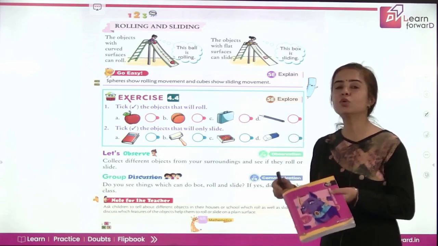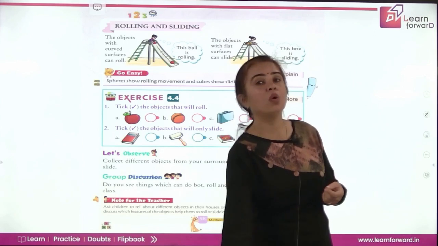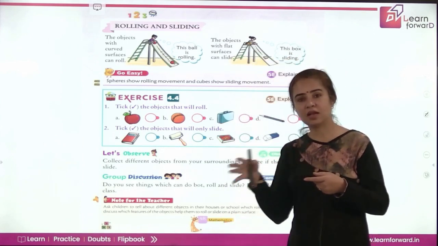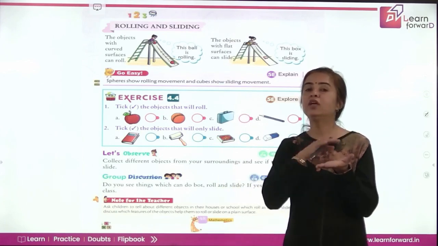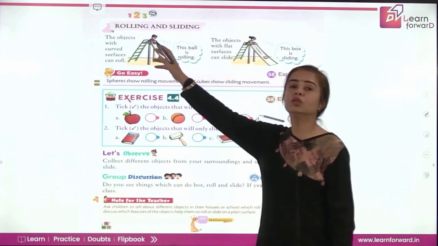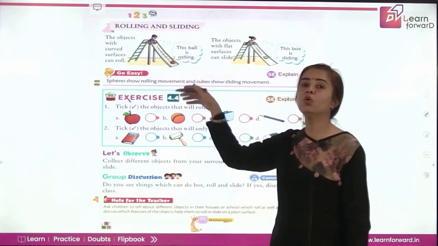So this is rolling. Anything that is round, that has a round surface, it will roll on another surface, and something which has a flat surface, it will slide. So when you look at this picture, if you throw a ball from here, what will happen? It will roll down.